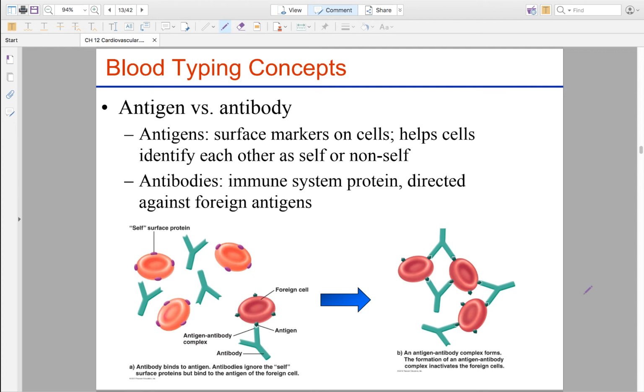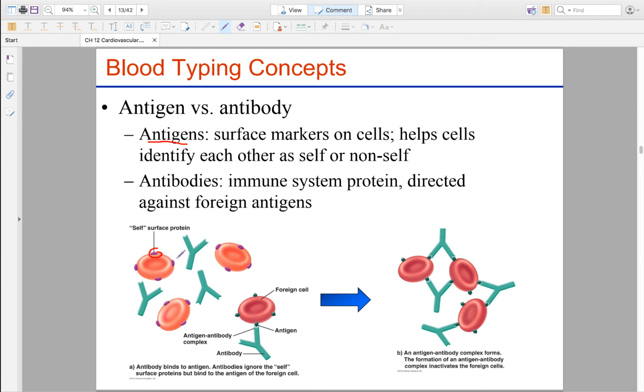What about blood type? Okay, so blood typing. Now, let's first talk about something called antigens and antibodies. Antigens are proteins. If you look at this red blood cell, see this little protein right here?